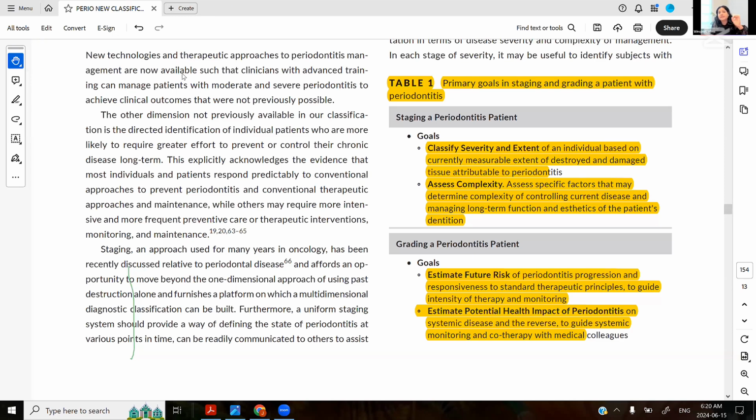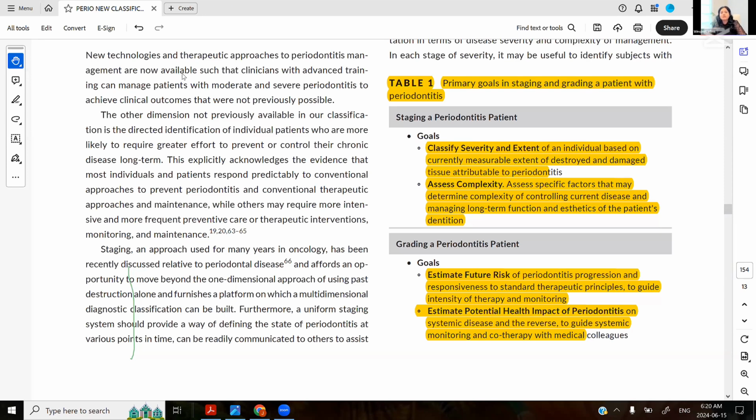If I say stage 4, immediately think of attachment loss, the level of bone, and the number of teeth already lost in the patient's mouth. What would be the complexity factors? How would the mouth and jaw look? You would be able to imagine that, right? And then the grade also: even if I just mention the grade, you would know what systemic factors might be present that make the patient's grade like that.